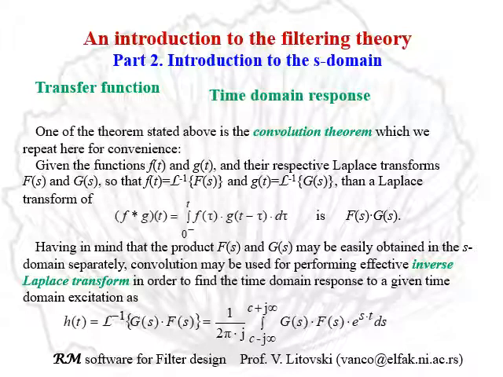So given two functions, f of t and g of t, and their respective Laplace transforms, F of s and G of s, then the Laplace transform of the convolution of f and g is a simple product of the functions in the S domain.